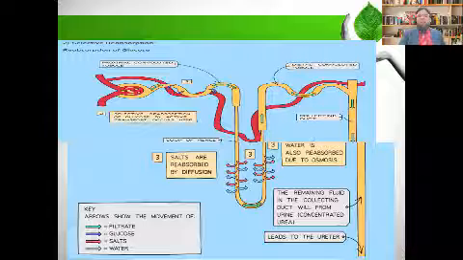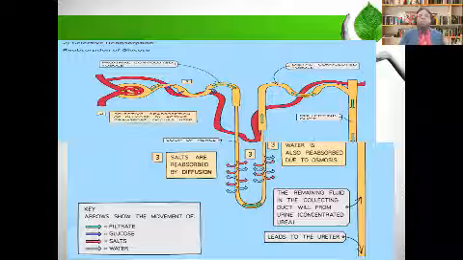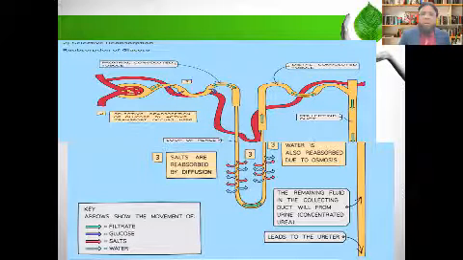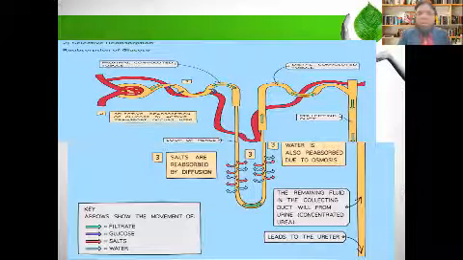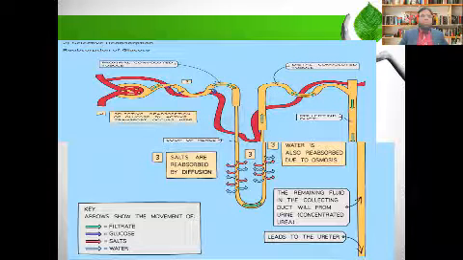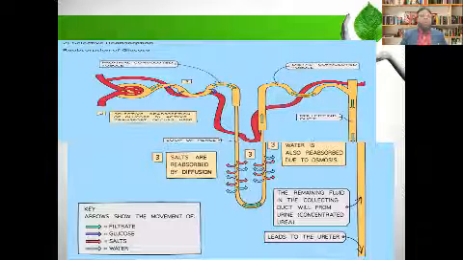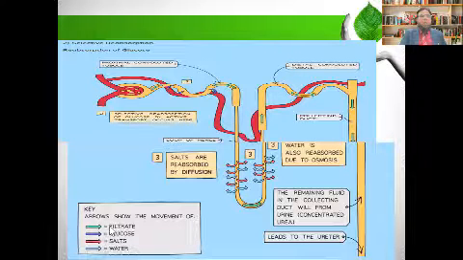And finally the collecting duct is there, from where a different amount of water, if the water is in high quantity, is also reabsorbed. And then all these tubules, all this collecting duct opens into the pelvis, and the pelvis opens into the ureter. So you can see here the arrows show the movement of things.